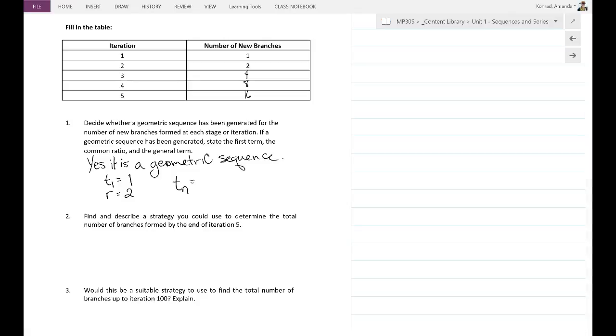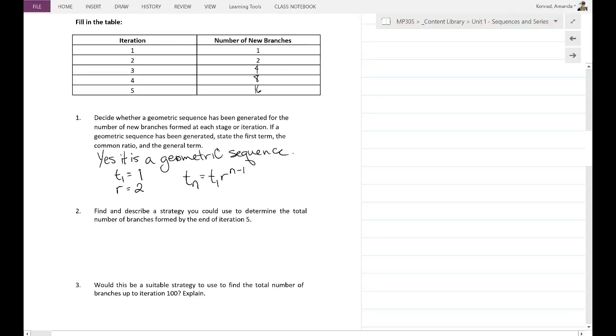It's totally okay if you don't remember this from the previous day, because you just learned it, and maybe you've taken a couple days off. So we've got term 1 multiplied by your common ratio to the power of n minus 1. In our case, term n, because it's still a general term, equals 1, or we don't even need to write it. It's just 2 to the power of n minus 1.